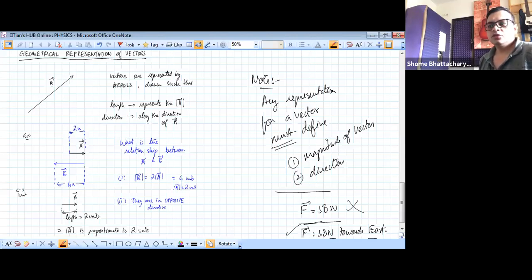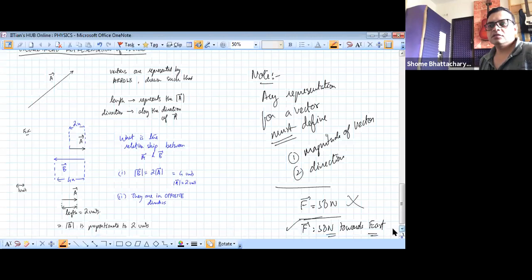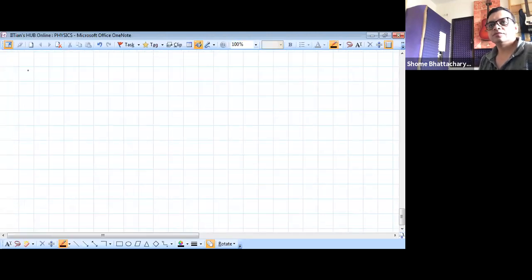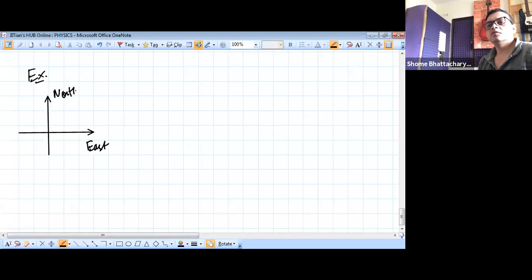Okay, so let us look at another example. Suppose in our system, we have defined our coordinate axis such that this represents east, this represents north, this represents south, and this represents west.